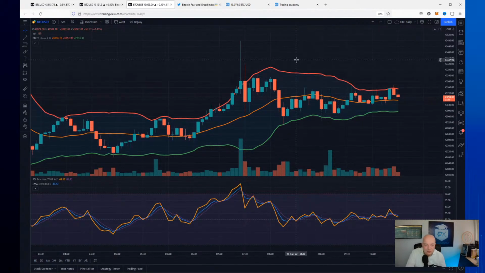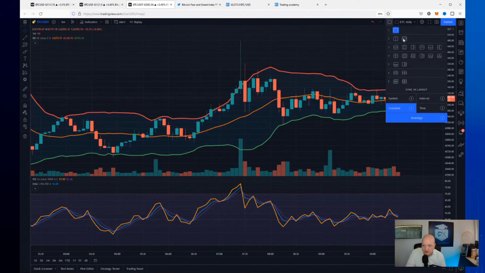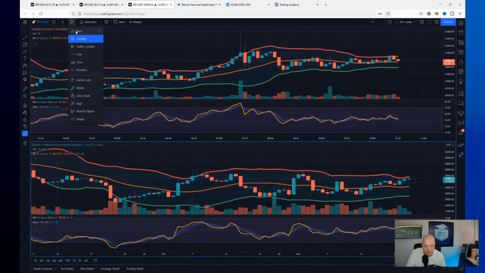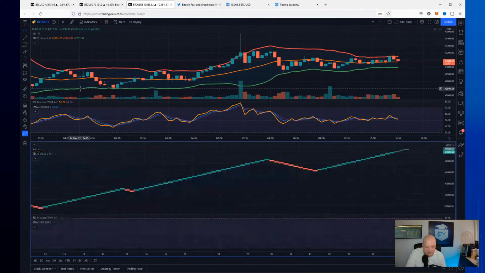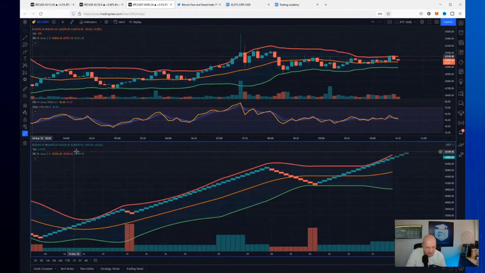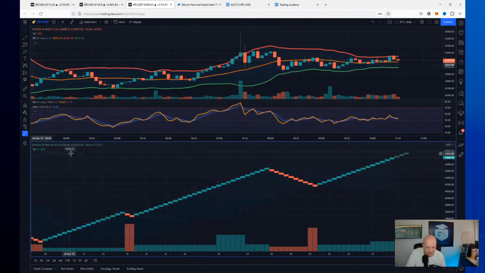And one thing you might want to consider to get rid of this noise is by using different charts. There's one chart type that you can use for this called a Renko chart. You'll find this if you click on this one, and then you go here on Renko chart. Let's close this one at the moment, and also the Bollinger Bands.